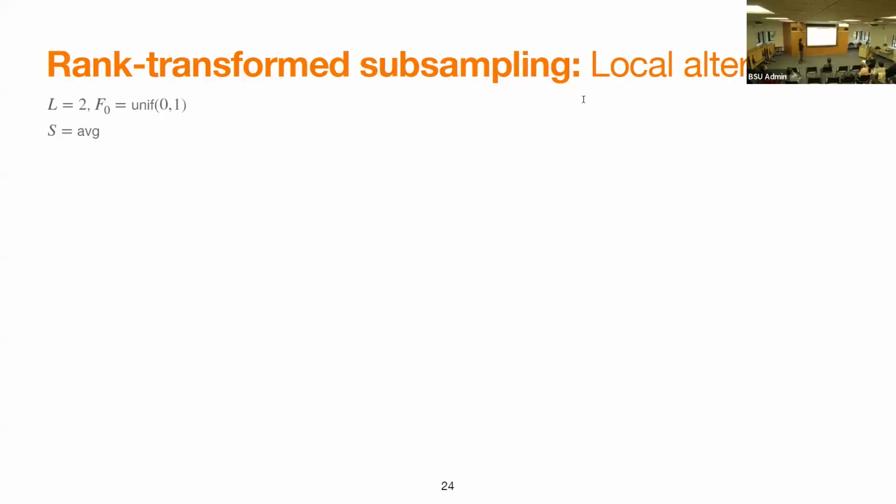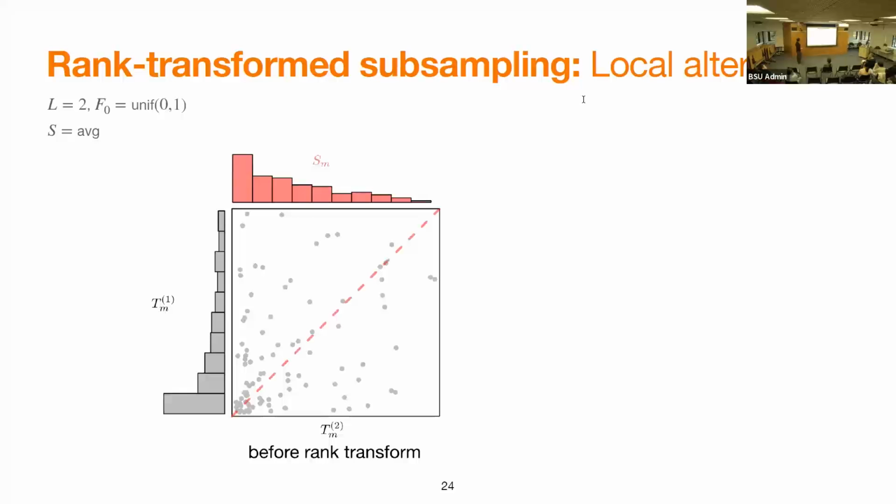Now, what is more interesting, I think, is the local alternatives behavior. Here, the data is coming from a local alternative, and based on the data, I'm constructing this subsampling matrix, 2 columns, and I'm plotting here, before the rank transform. Because the data is under the alternative, I expect the margin distribution is shifted towards 0, as you would expect from a p-value. And this aggregated statistic's subsampling distribution now seems very different from the distribution of the statistic under the null.